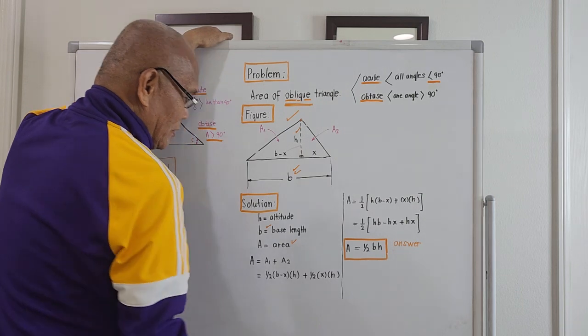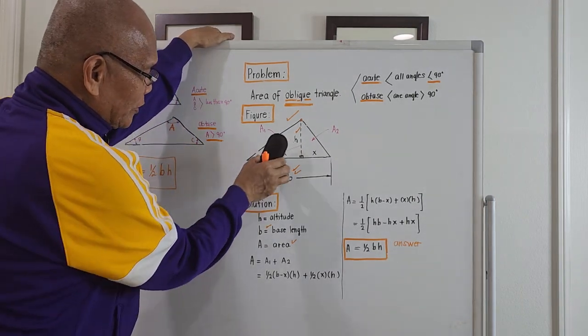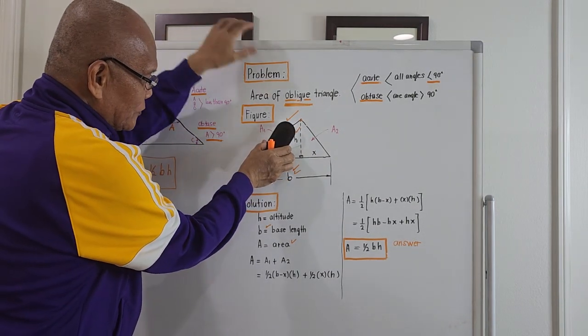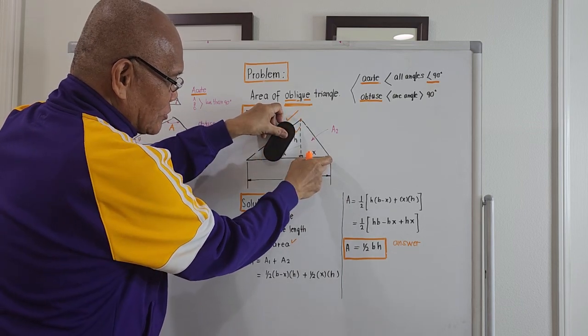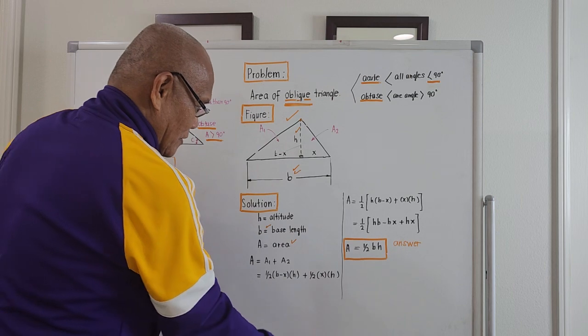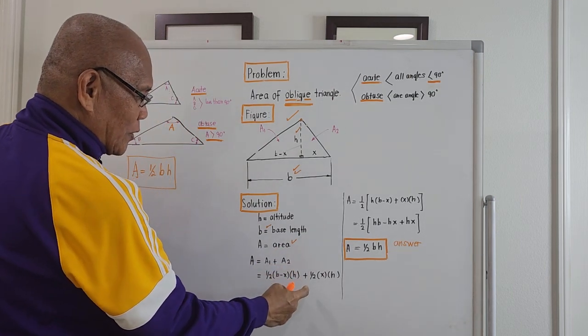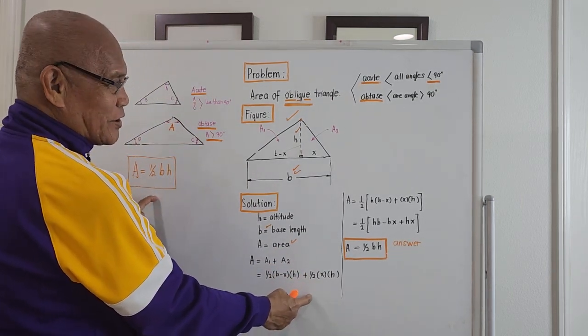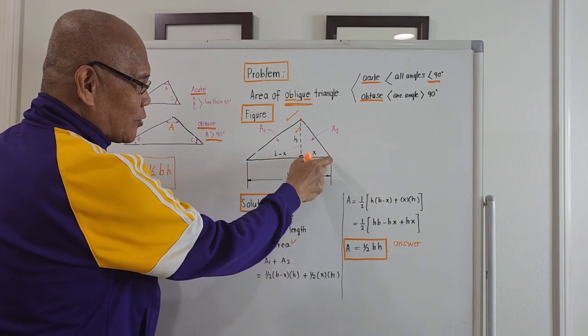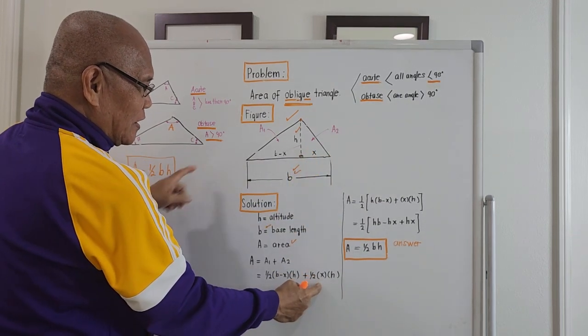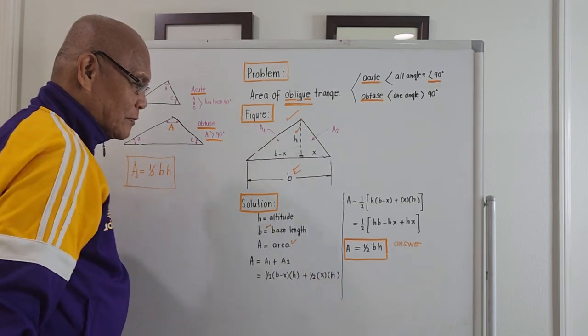Area 2, the one on the right. If you want to consider the one on the right, just cover the one on the left. So actually, you can see a right triangle. This is the height, and this is the base. So area 2 will be 1/2 still, since it falls under a right triangle, times the length of the base, which is x, and its altitude is h.